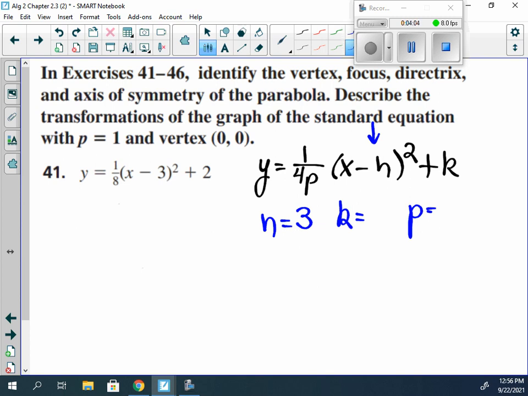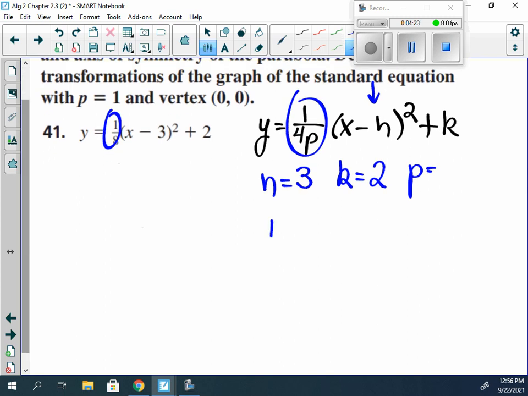Now, what's the value of k? 2. And what's the value of p? We don't really have it yet; we have to solve for it. But I do know that the 1 over 4p matches up with our 1 over 8.